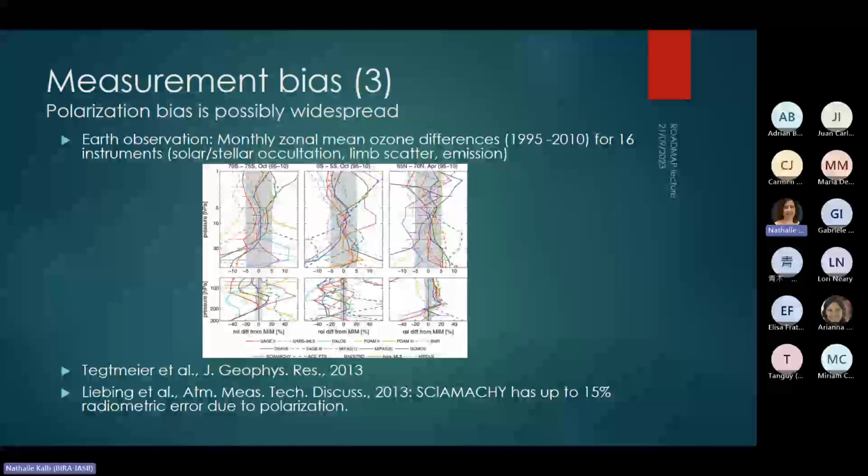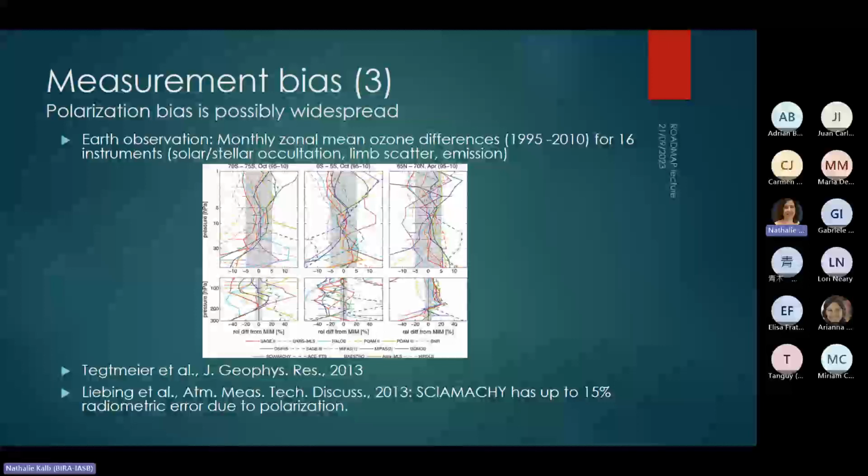Don't worry about it. So there is fluctuation. It's not that small. It's of order 5% for ozone. Have a look at this curve here. This is the instrument called SCIAMACHY. It's a German instrument. It does limb scatter measurements.